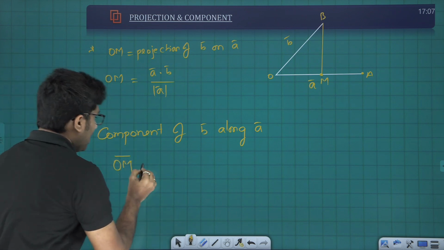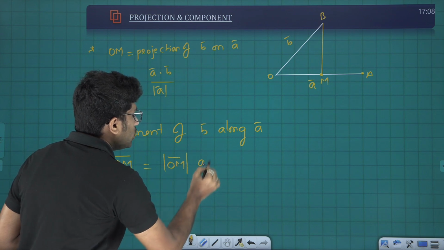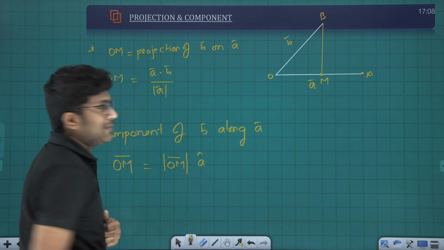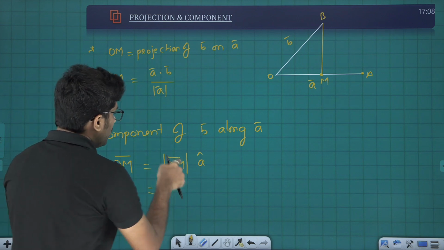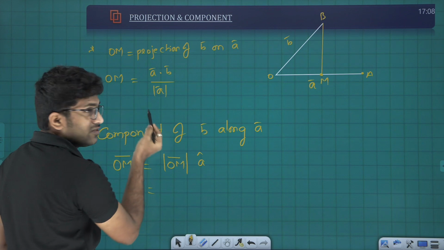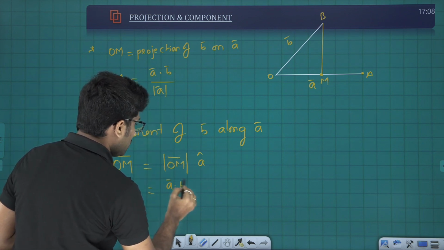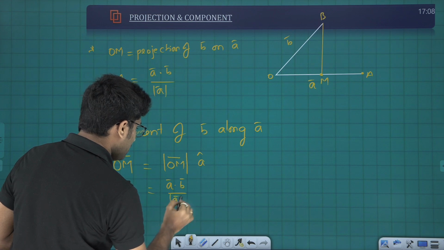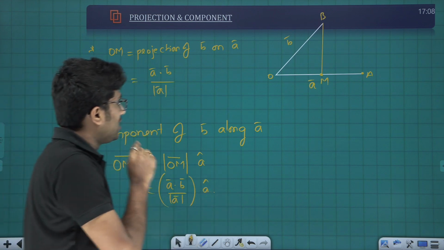To get OM bar, friends, it is just mod of OM bar multiplied by A cap, along A bar. OM bar is the length of the line segment OM, which is already equal to A bar dot B bar divided by mod A, into A cap. So this is how we get projection and component.